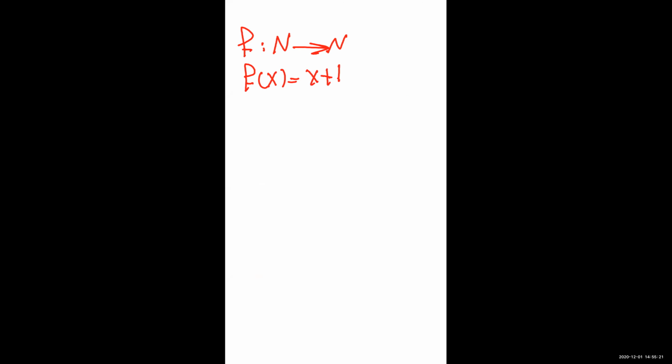Find f of 0, f of 1, f of 2, f of 3, and f of 4. Then graph a part of the square net of the Cartesian product and represent on it 5 elements of this function, and then mention the range. Okay, how to solve this one?